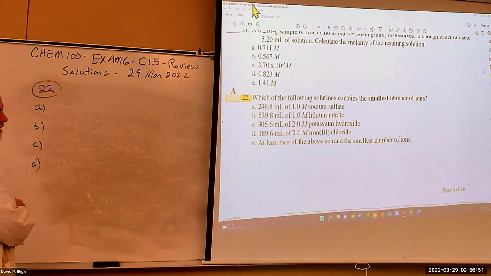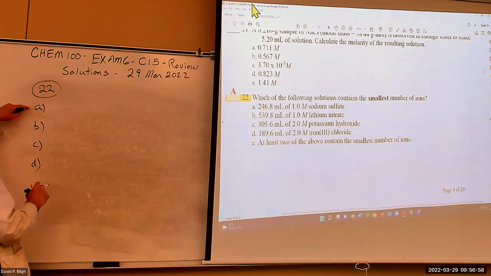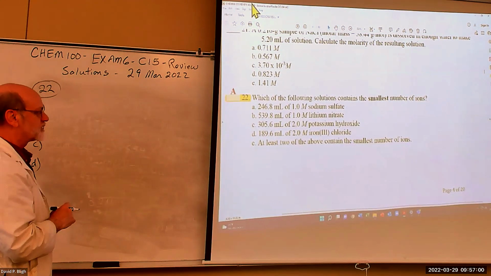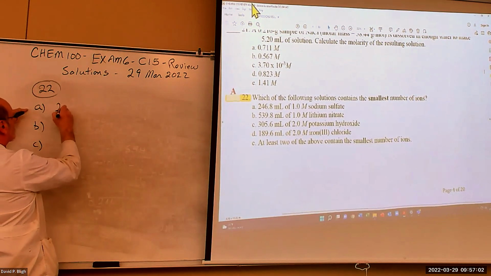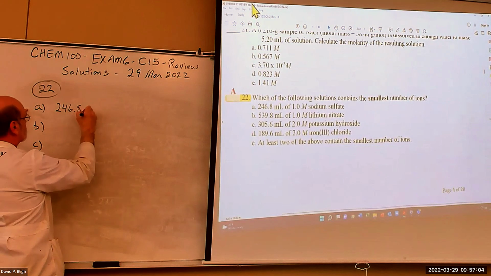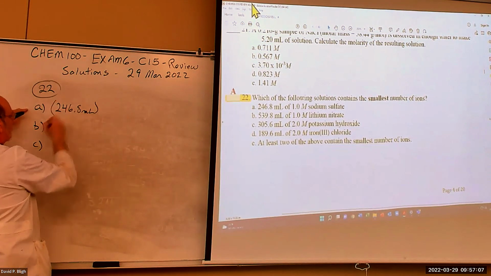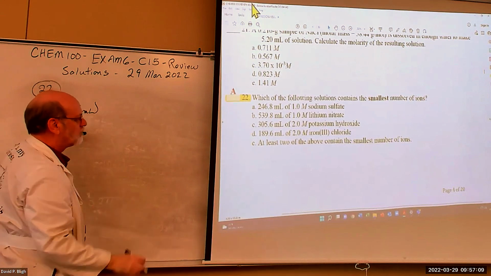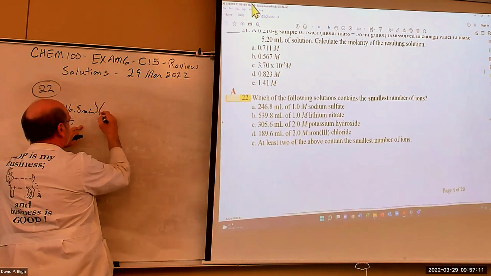That means they have to be equal. Okay, that's probably not the answer. So we have 246.8 milliliters of 1 molar sodium sulfate.